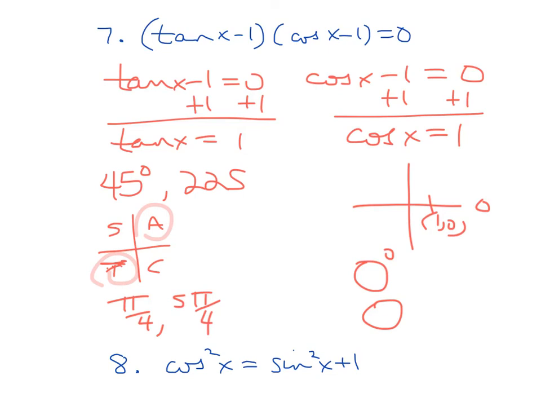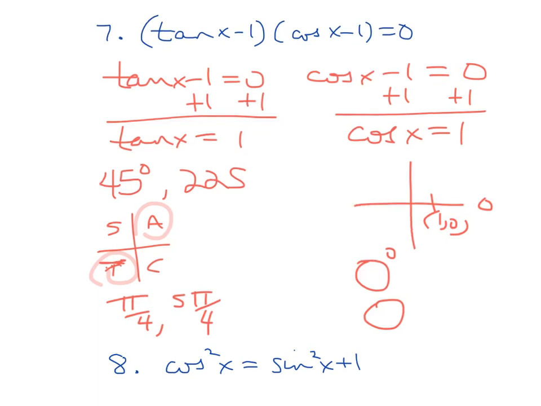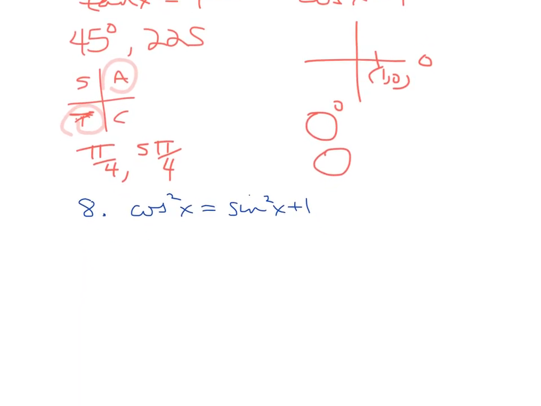Number 8, I'm going to use an identity on this one. So I'm going to use the sine squared x plus cosine squared x equals 1. I'm going to use that identity. I'm going to solve for sine.